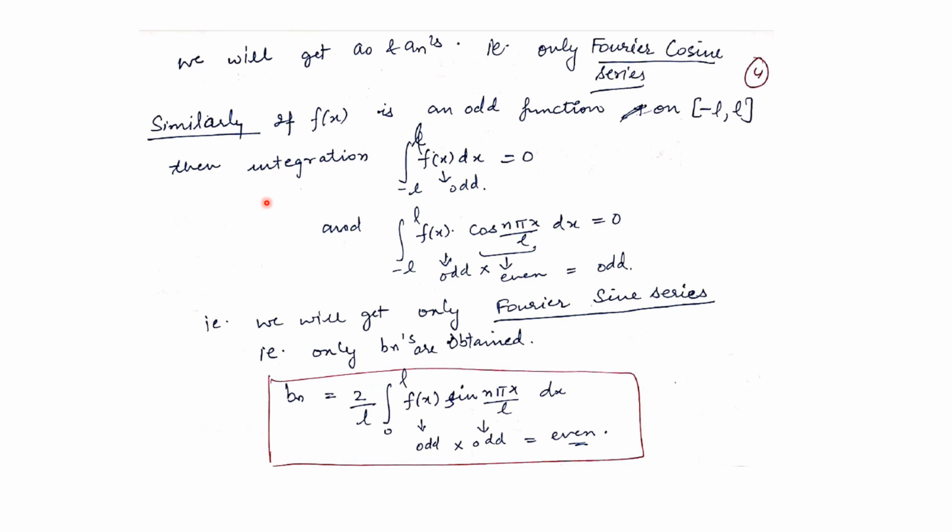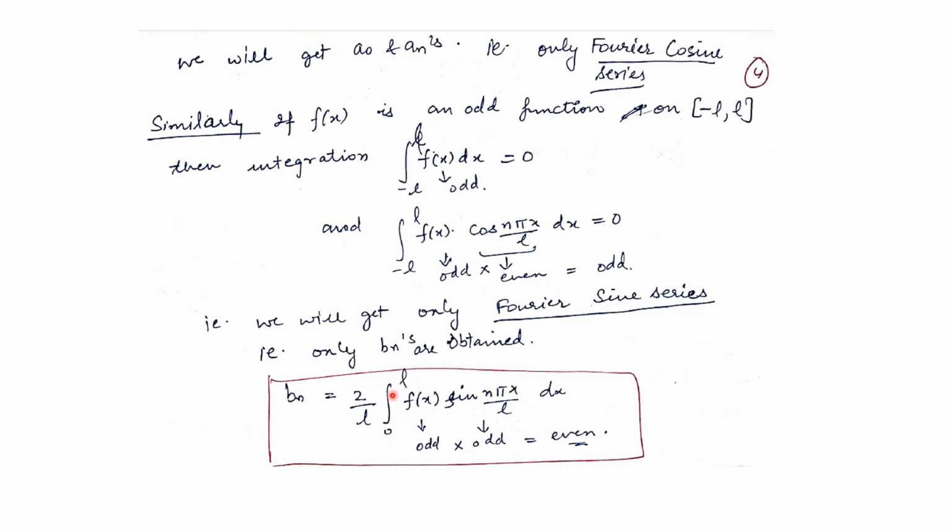Similarly, if our function is an odd function on the interval minus L to L, then the integration of an odd function from minus L to L will be 0, meaning a0 is 0 and an's are 0. However, bn's will become 1 over L integration from minus L to L of f(x) into sine(nx).